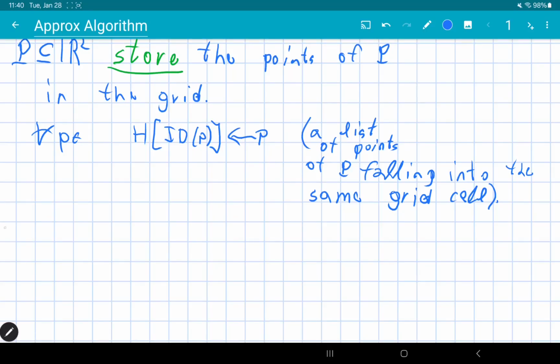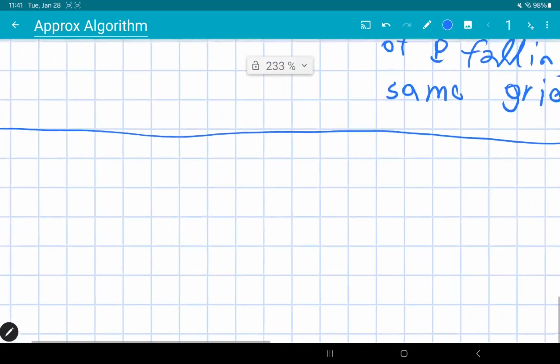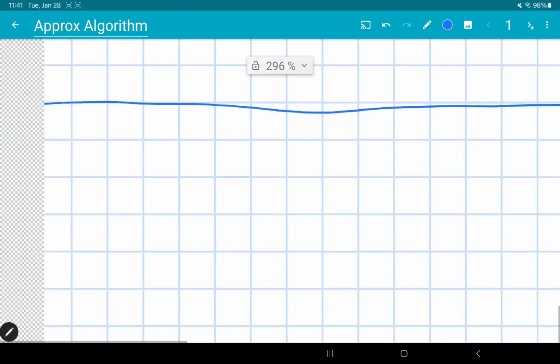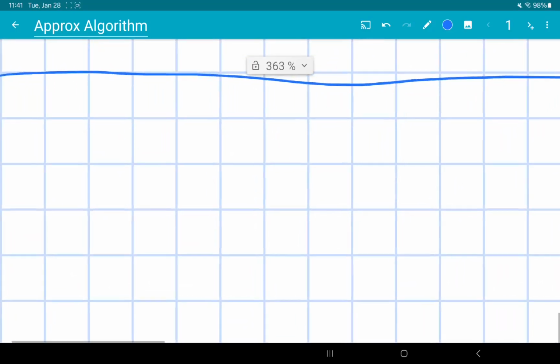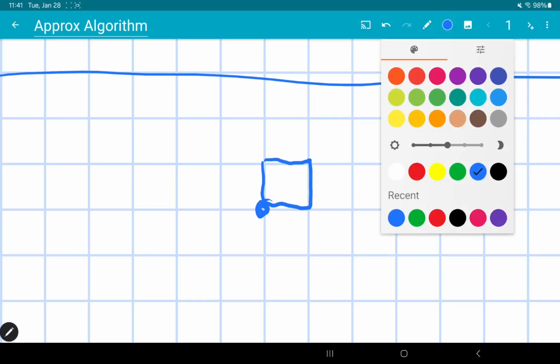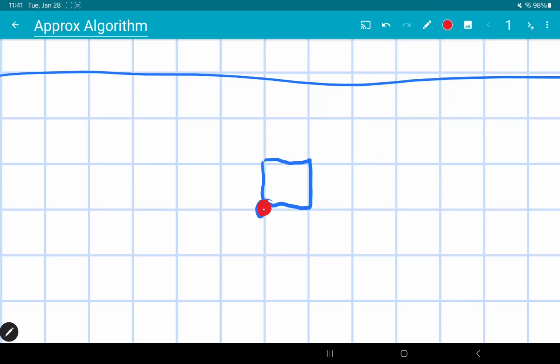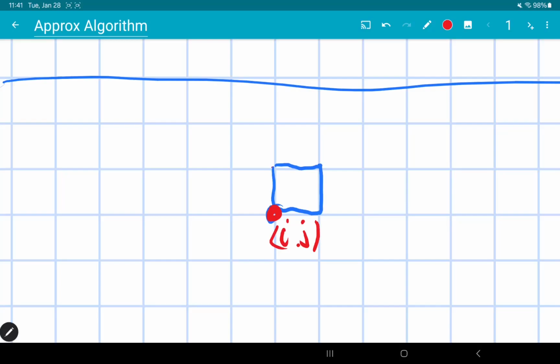But the question, of course, is why is this useful, right? So there are two things about grid cells that are going to be very useful for us. The first observation is that if I have a grid cell, and again I identify it by the bottom left corner, so let's say that this is ij, then I can immediately access the neighboring cells, right?